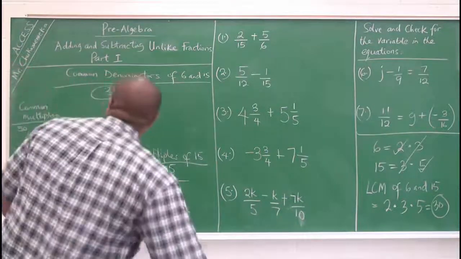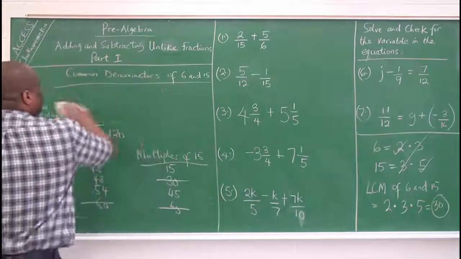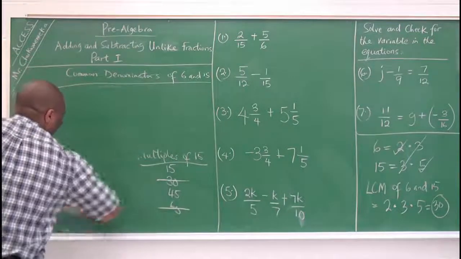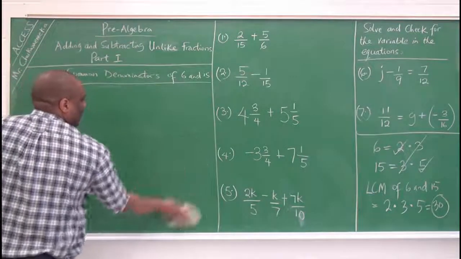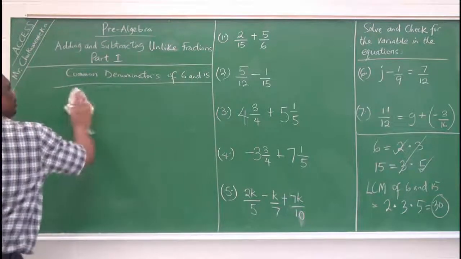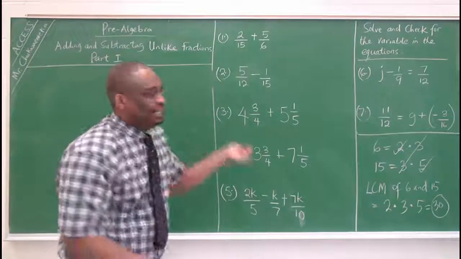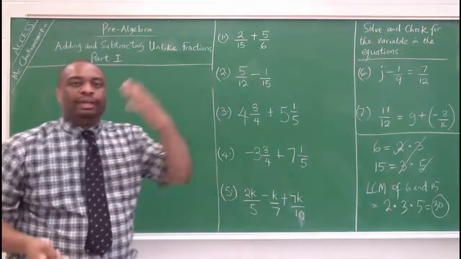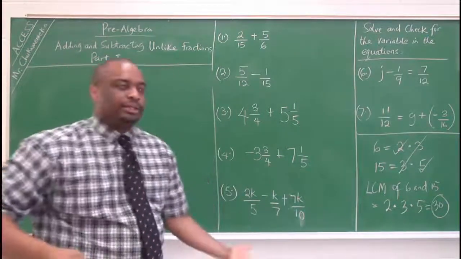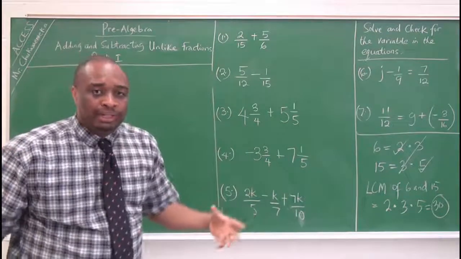Okay? So now let's recall what we just said. When you have an unlike fraction, that tells you it has unlike denominators. Okay? It doesn't have a common denominator.